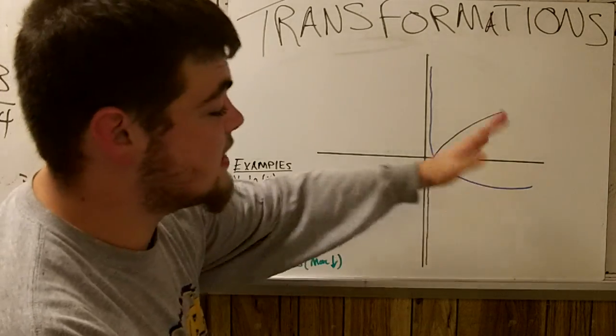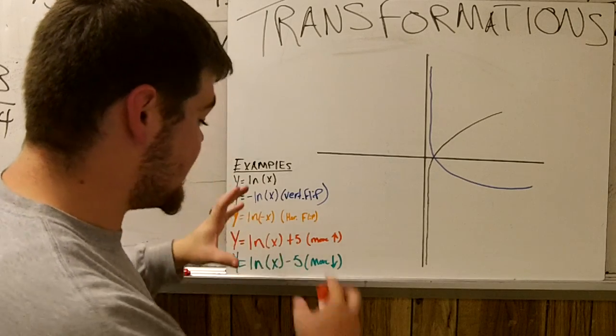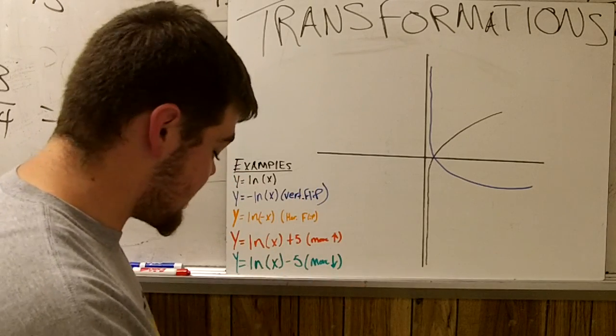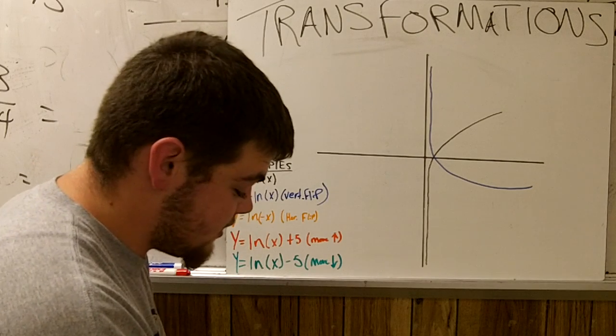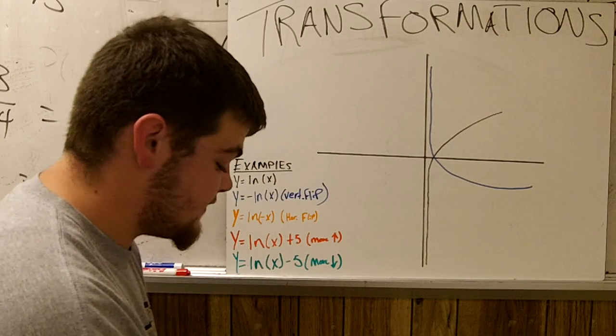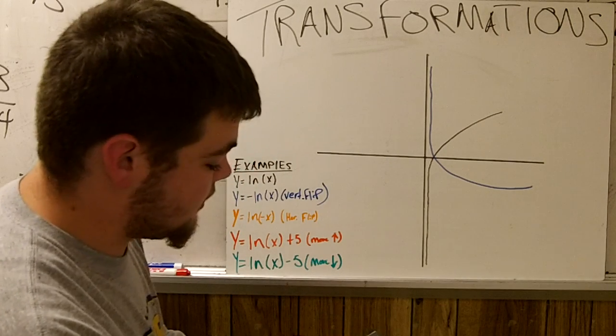If you want to flip it horizontally, you have to put a negative sign in front of the x and make sure you close the parentheses and be specific, or else your calculator won't be able to figure it out. So you just do the same thing, put a negative sign in front of the x and close your parentheses, and it'll pull it up for you.